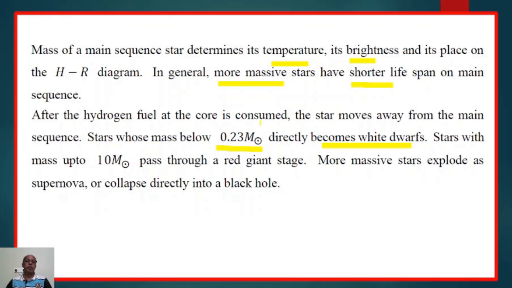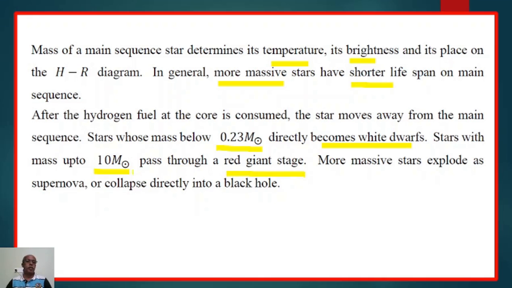If the mass of the star is below 0.23 times the solar mass, then such a star will directly become a white dwarf. And stars with masses up to 10 times the solar mass pass through a stage known as the red giant stage.